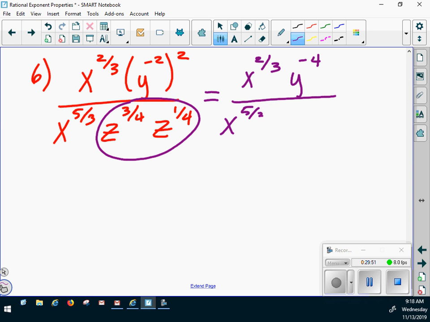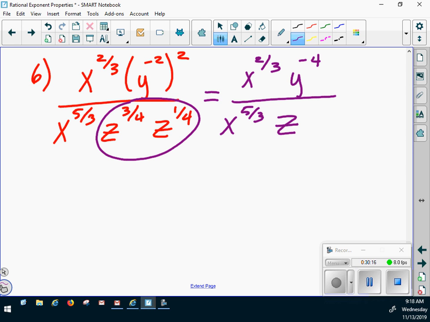Don't I have like bases? Yeah. When I multiply like bases, what do I do to the exponents? Add them. What's 3/4 plus 1/4? If I have 3/4 of a cup and I add another 1/4 of a cup, I have a whole cup, so it's 1. So that's going to be z to the first, or just z.